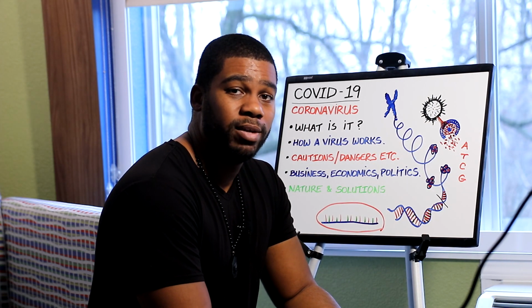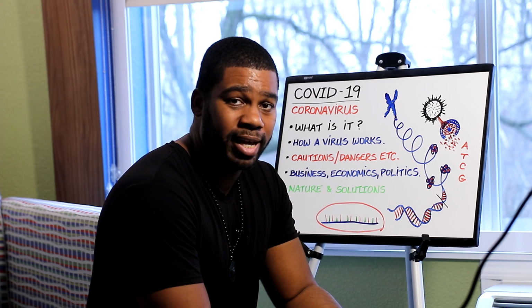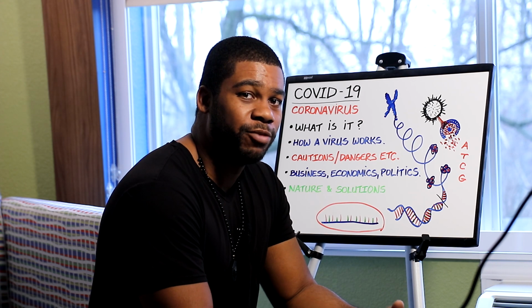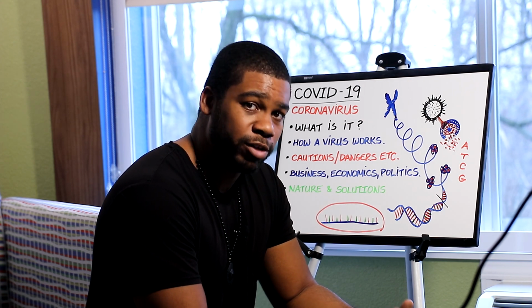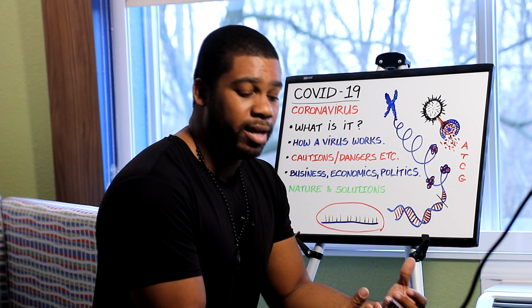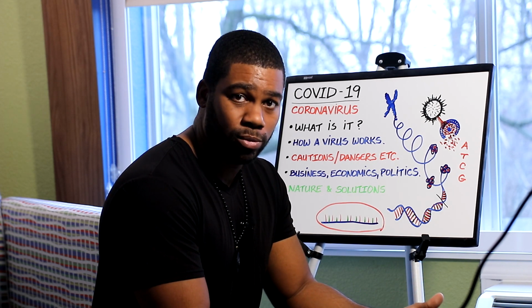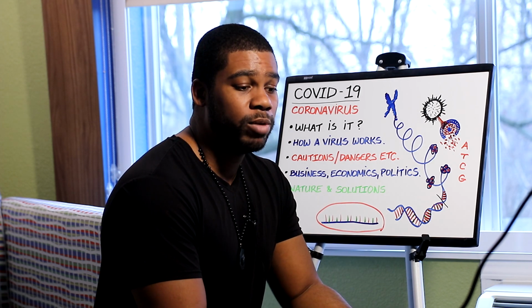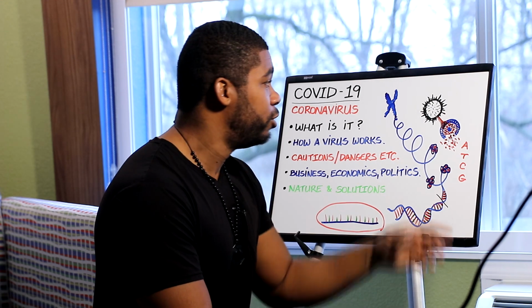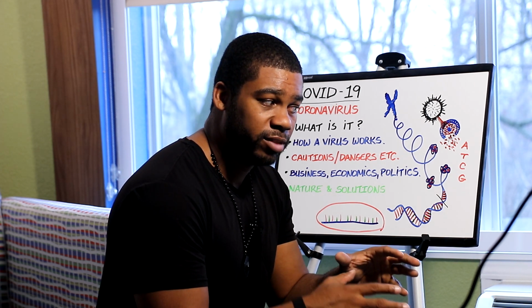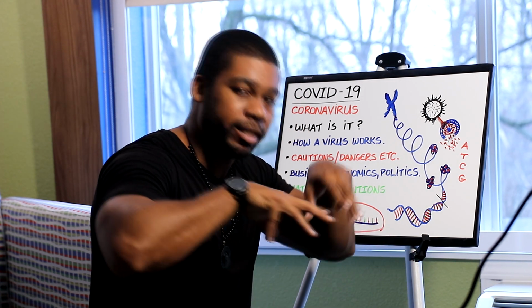Okay, so now that you guys had a chance to look at things like selenium, glutathione, berberine, all these different things that can be used when you're trying to keep your immune system healthy. Now, those things being shown are preventative measures. What you don't want to do is put yourself in a position to contract the virus, because technically, you can't physically destroy a virus.